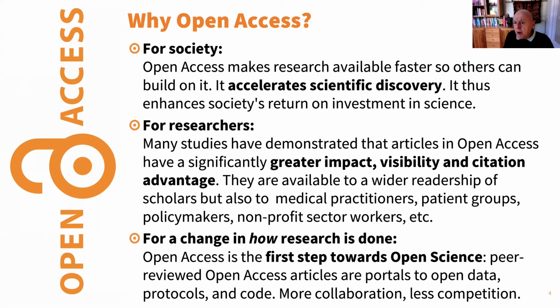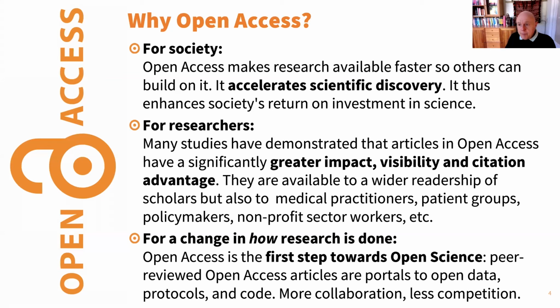Open access is, of course, part of a much wider movement of open science, which really signals a change in how research is done. Open access is the first step to open science, I always say, because if an article is open access, then the open data that are behind it can also be made available. An article in a very real sense functions as a portal to the data that are behind it, to the protocols that are behind it.